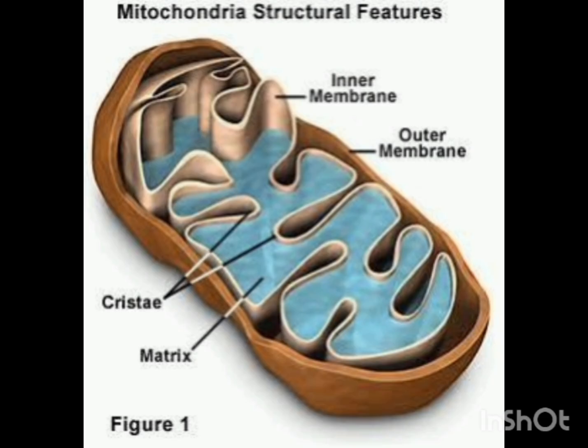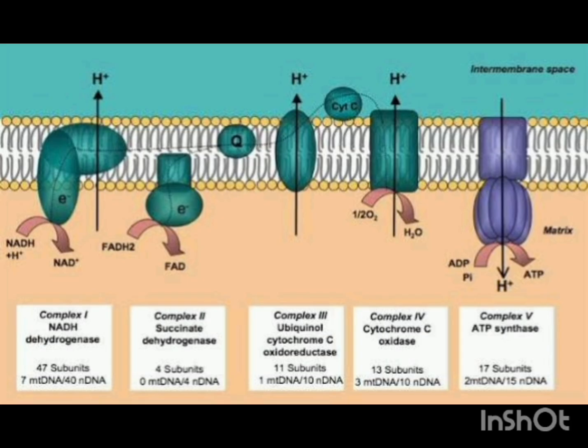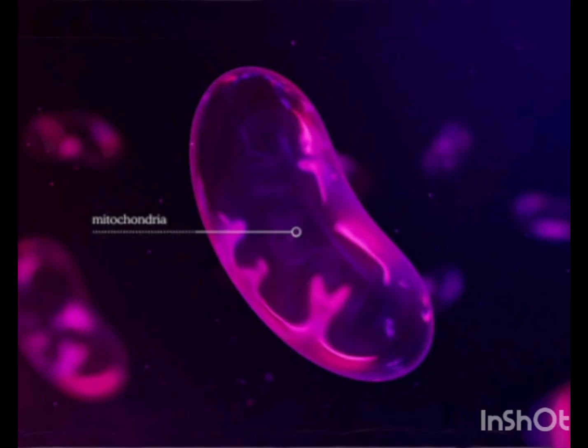Clinical significance: defects in mitochondrial function can lead to muscle weakness, neurological disorders, mitochondrial diseases, and reduced cellular energy production. Because mitochondria generate energy, their dysfunction particularly affects organs with high energy demands such as the brain, heart, and muscles.